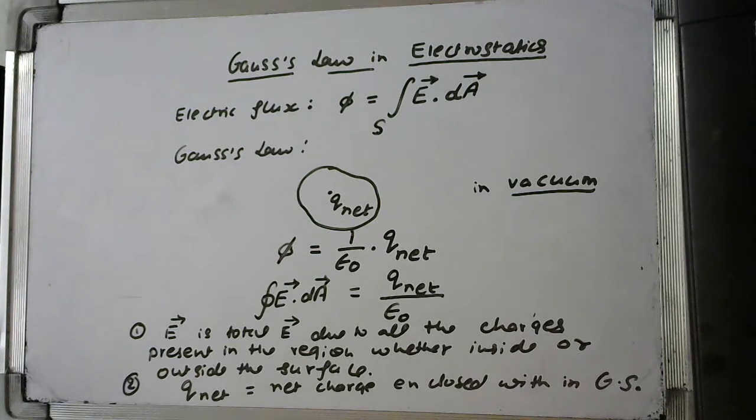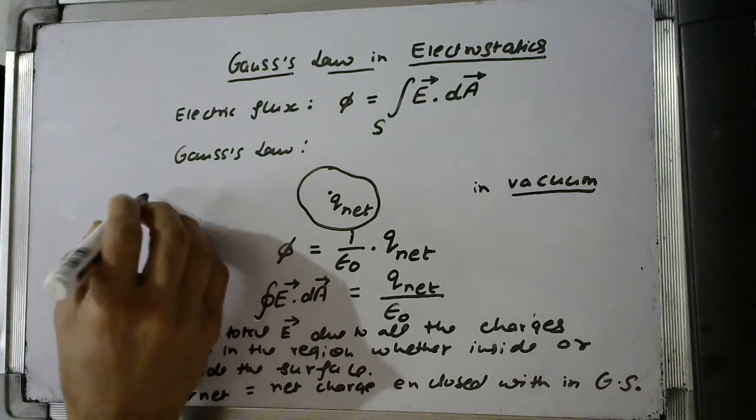Now, the third point follows as a conclusion of the first two points: whenever we wish to apply Gauss's law to a closed surface, whether it is a real surface or imaginary surface, we should take care that the surface does not pass through a discrete charge.